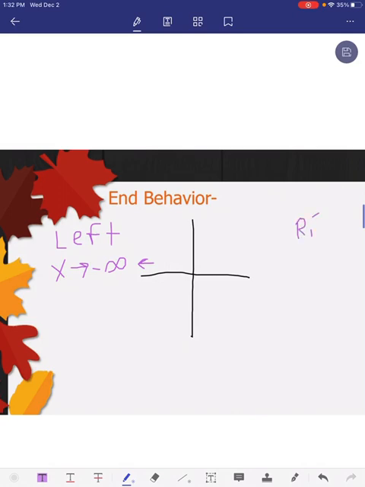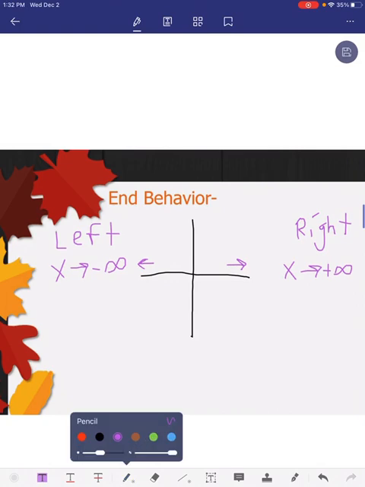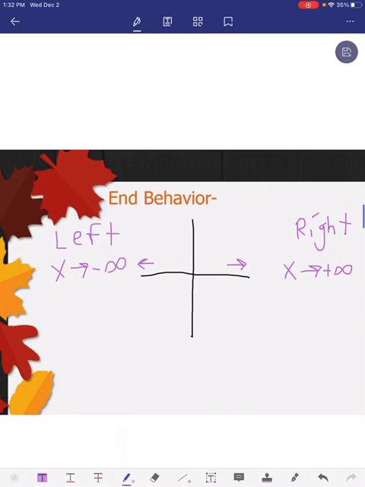If I'm talking about the right side of my graph, it's basically going to be the opposite. Notice the farther that we go right on our x-axis, x is going to be going towards positive infinity. Likewise, on each of my sides, notice that our graph is either going to be pointing up or pointing down.